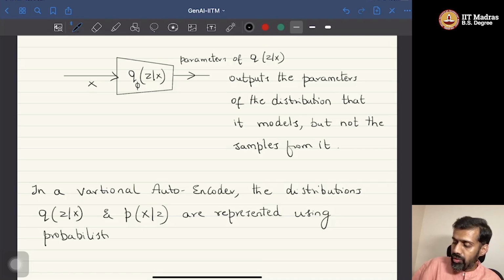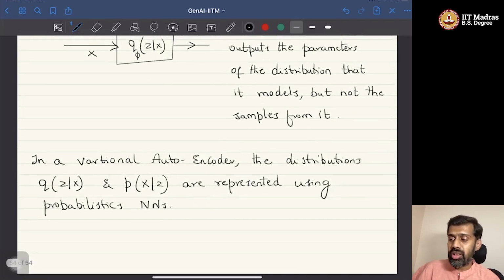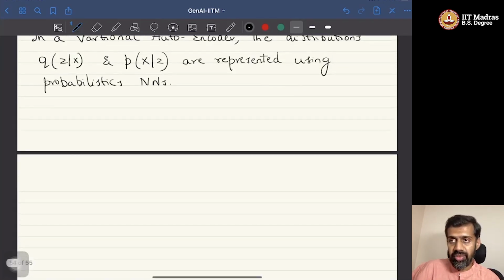While optimizing for the ELBO, evidence lower bound, we use probabilistic neural networks to represent both the variational posterior and the conditional data likelihood in a VAE. So let us do that.